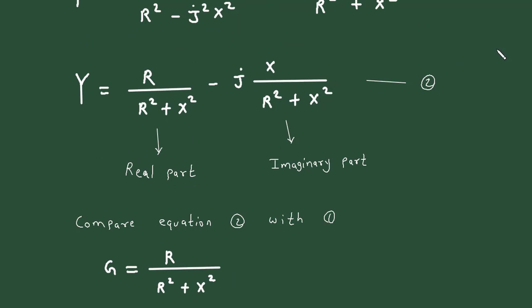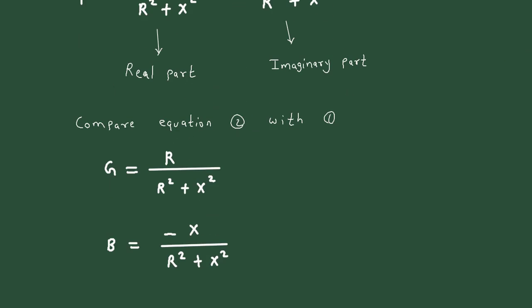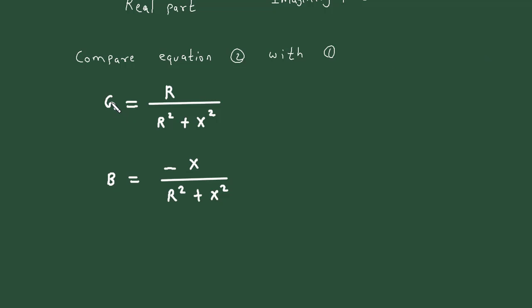So this is conductance, which is represented by G, and this is susceptance, which is represented by B.